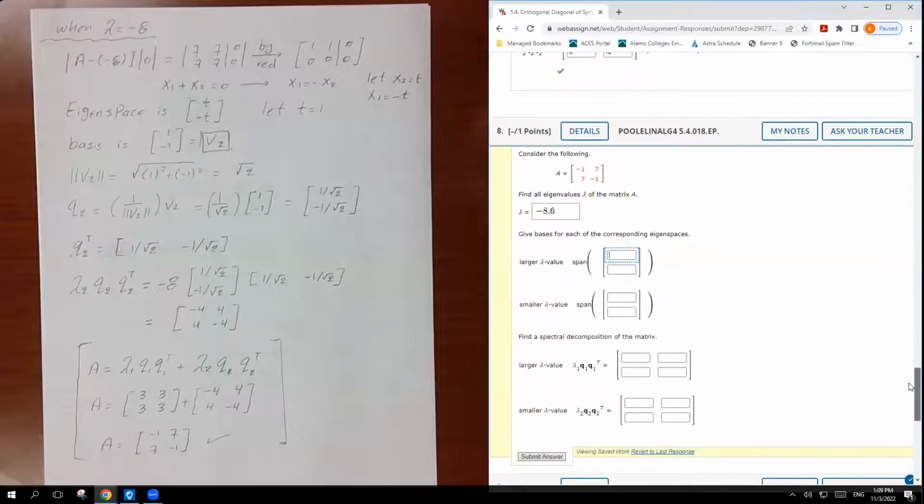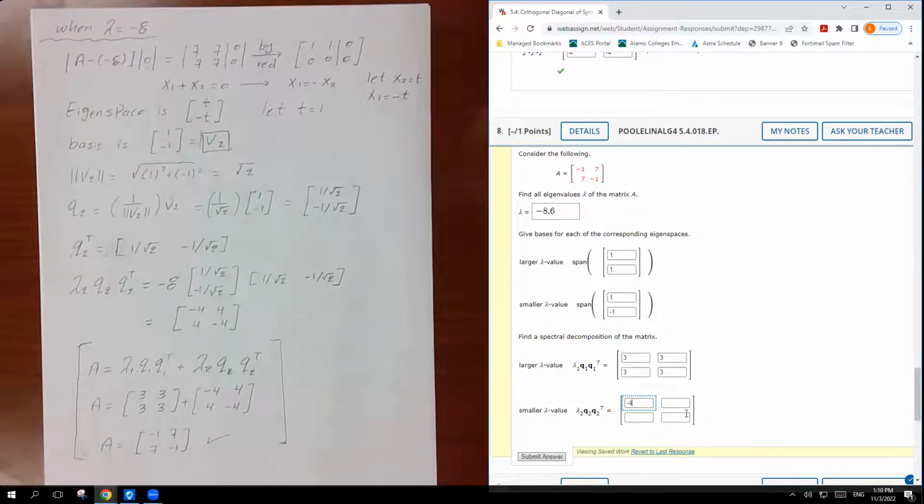Example 8, the same thing as example 7. So here's the eigenvalue, and the span is going to be 1, 1, and the second span is 1, -1, and the first decomposition is going to be, this is all 3, and the second one is going to be -4.